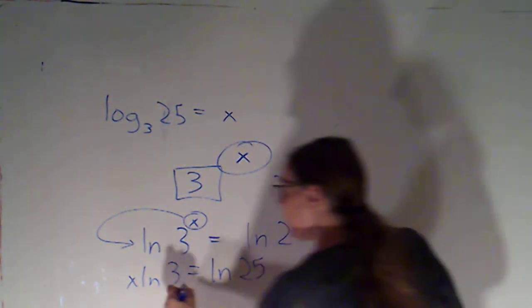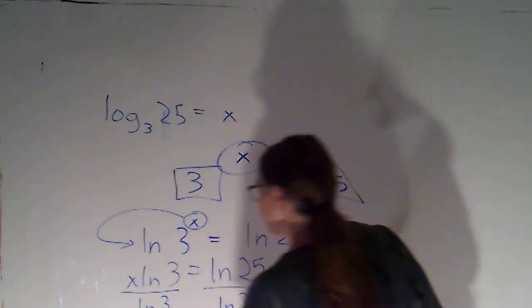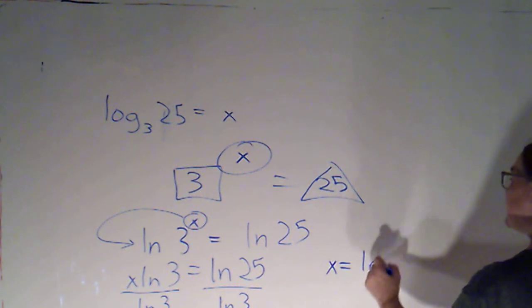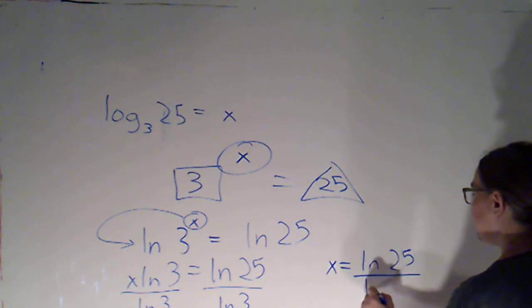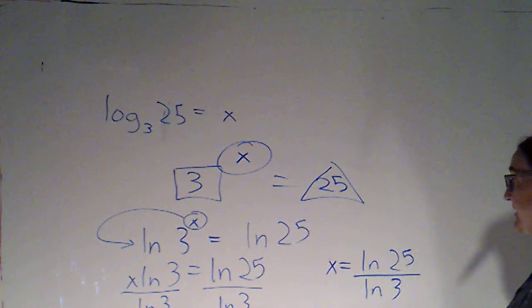If I wanted to solve for x, I would just divide both sides by the natural log of 3. So x is the natural log of 25 divided by the natural log of 3.